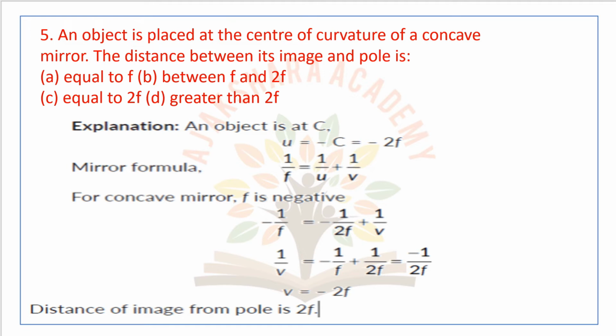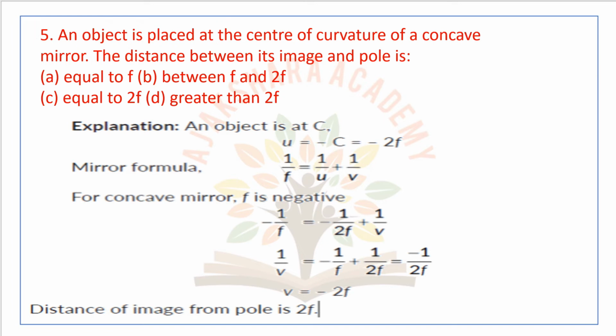For a concave mirror, the focal length is negative. Substituting, minus 1/f = minus 1/2f + 1/v. Here v is nothing but the image distance. We have to calculate the distance between its image and pole. So 1/v = minus 1/f, and this minus 1/2f going to that side becomes plus.